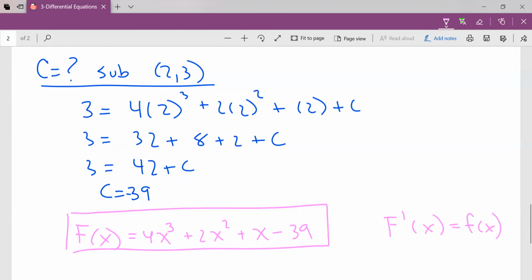And what you'll find is that negative 39, which was that constant of integration right there, doesn't have an effect. That could have been plus a million, we don't know. We still end up with f prime of x. But for this one specific curve that passes through the point (2, 3), it's unique to that situation.